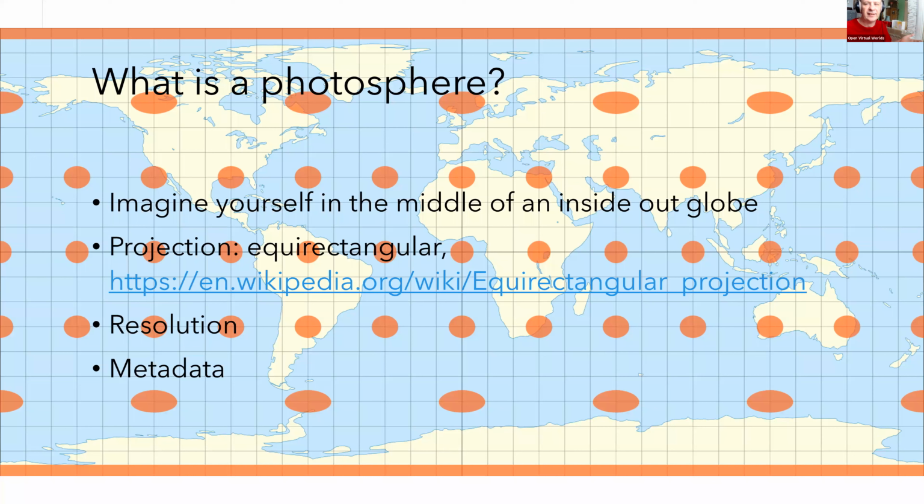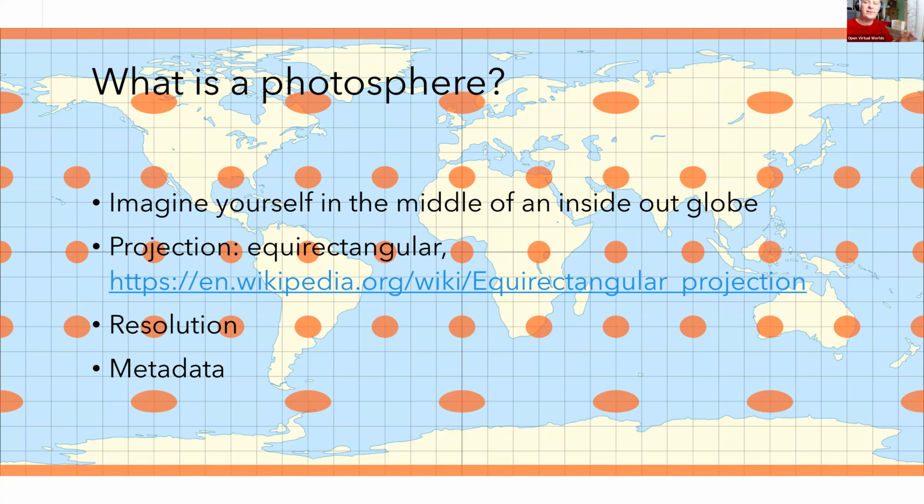The thing to understand here is that when we're working with the world, which is spherical, when we want to create a map, we take that spherical image and we project it onto a flat surface. Similarly with 360, it's stored as a projection on a flat image.